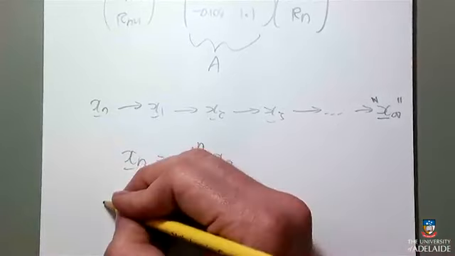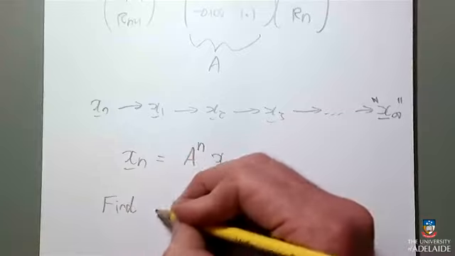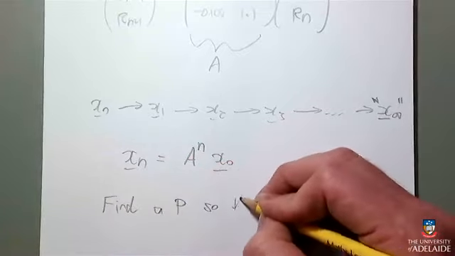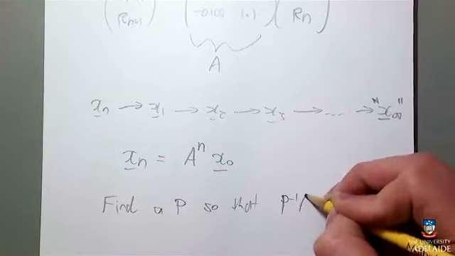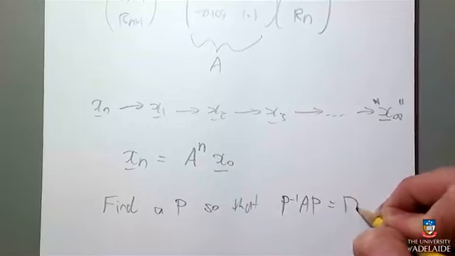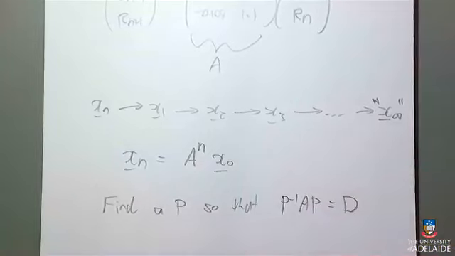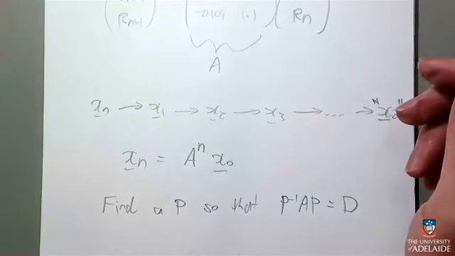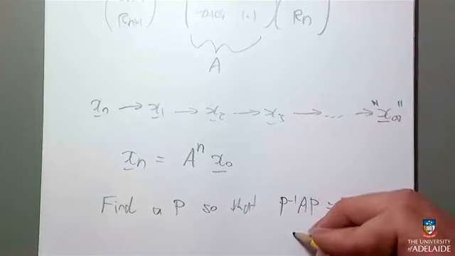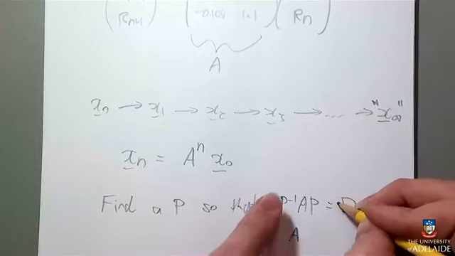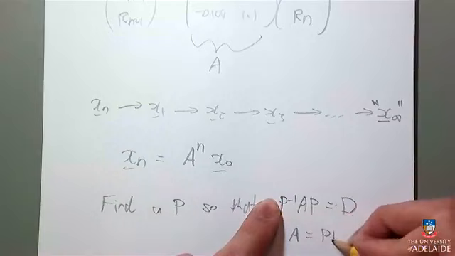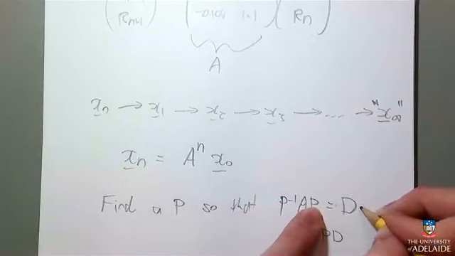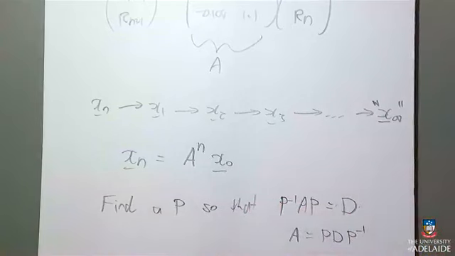So I can find a P so that P inverse AP is a diagonal matrix D. Which means that if I multiply by P here and multiply by P inverse here, I'll get this.